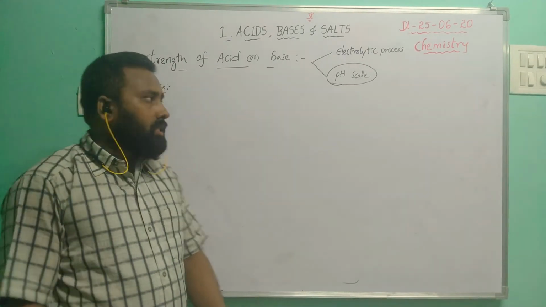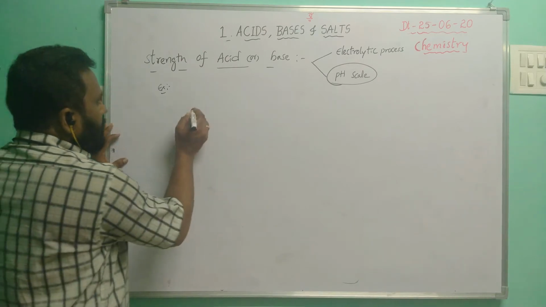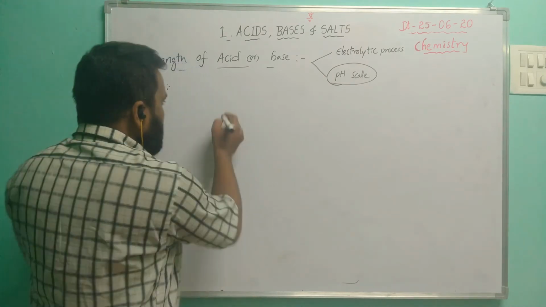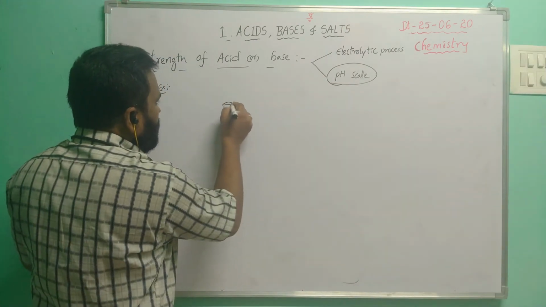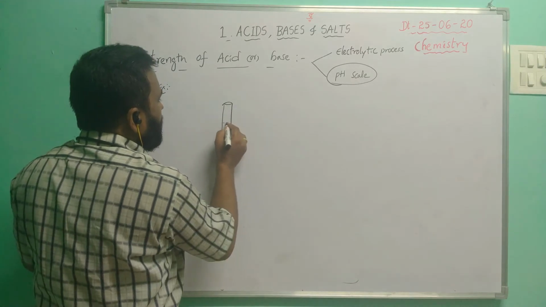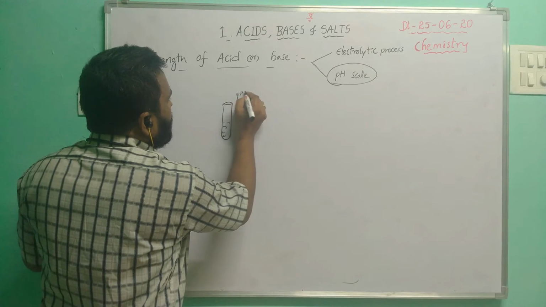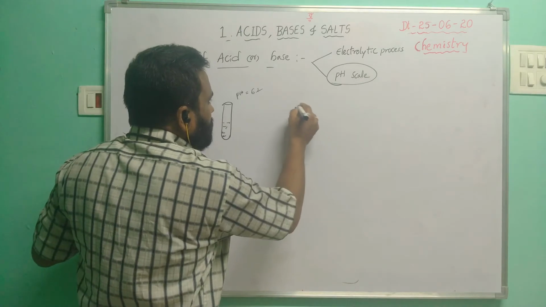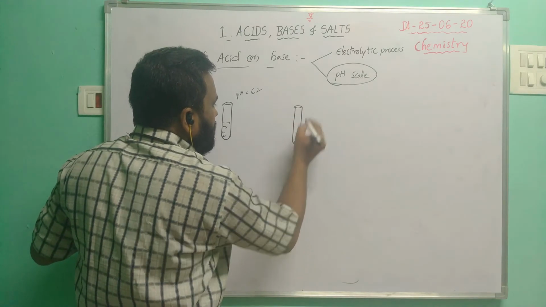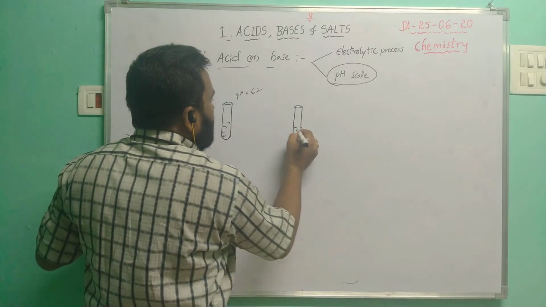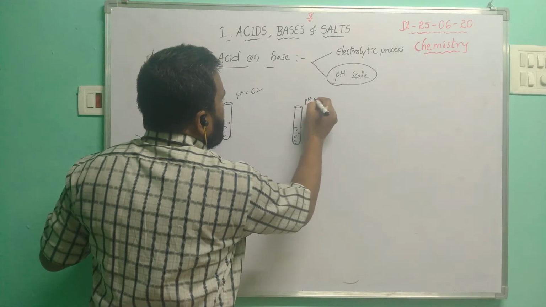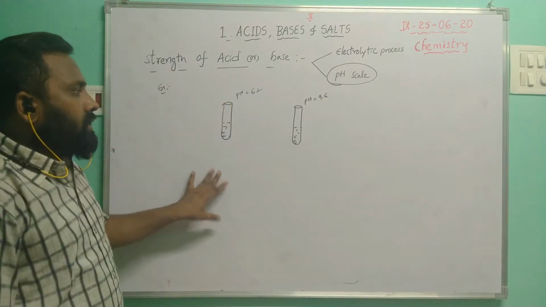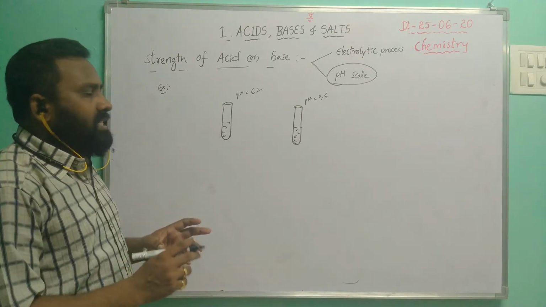Then some examples are discussed based on pH. Here I collected two samples of water from various places. The first test tube contains one sample, its pH value equal to 6.2. Another test tube contains the second sample, whose pH value is 9.6. In which sample does blue litmus turn to red?